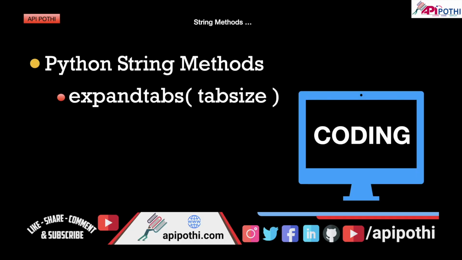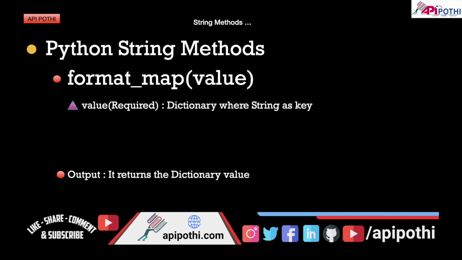Now coming to the another method that we have, format_map. Format_map basically helps us fetch the dictionary value. Since a dictionary has key and value pairs, from the key and value pair we need only the value while providing the key.